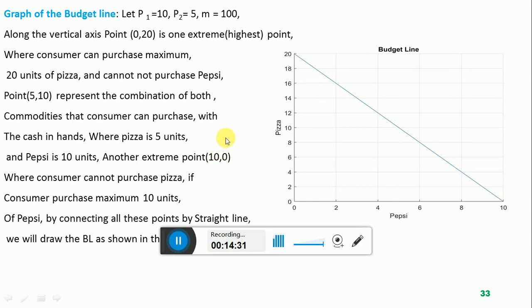So the price of Pepsi is 10 Afghani and the consumer is purchasing 10 bottles, so 10 multiplied by 10, the total 100 Afghani budget is exhausted, and the consumer is here. This is another extreme point along the horizontal axis which represents the number of Pepsis. Above this 10, the consumer cannot purchase.